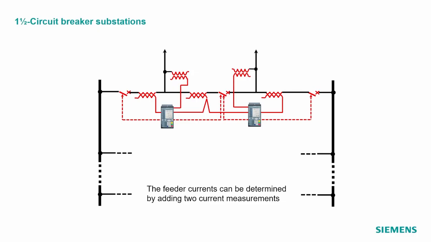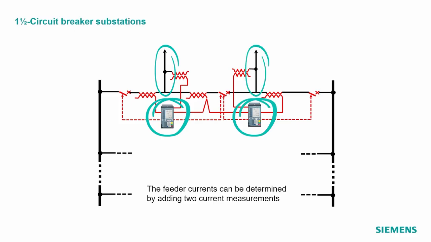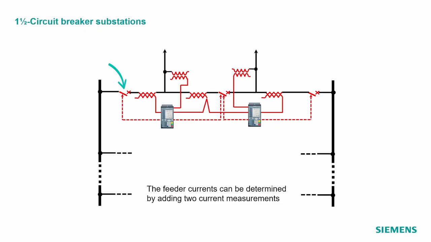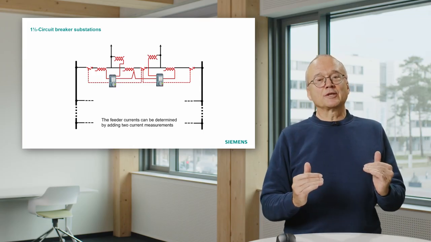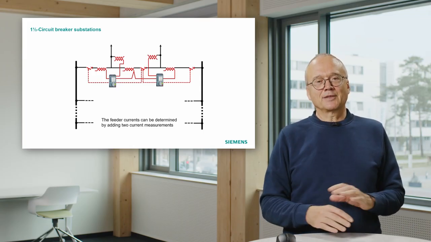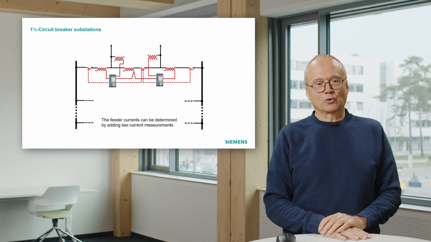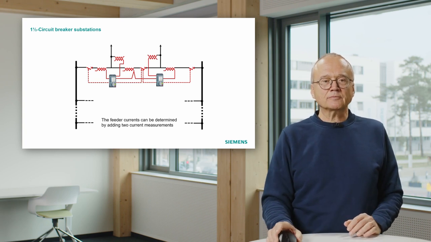And in this arrangement, we again have 1 protection relay per feeder. The left protection relay for the left-hand feeder, the right protection relay for the right-hand feeder. But we have in total 1, 2, 3 circuit breakers. That means for 2 feeders, we have 3 circuit breakers. That ends up in an average of 1.5 circuit breakers per feeder.